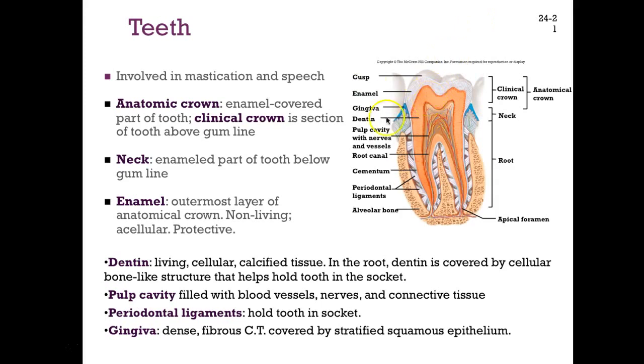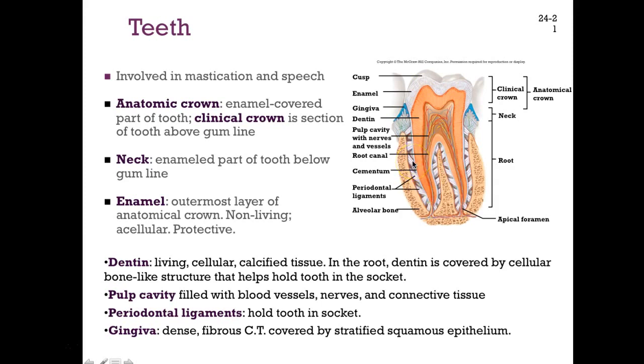And then further, that infection or bacteria can continue down into your pulp cavity, which is where all the vital stuff is, your blood vessels, nerves, and we also have some connective tissue in there. So once it gets there, then we can, of course, have that travel within the bloodstream and infect the tooth.